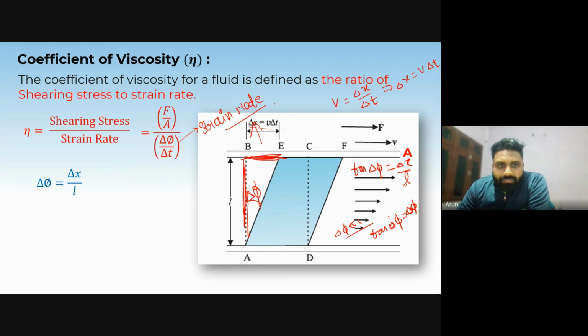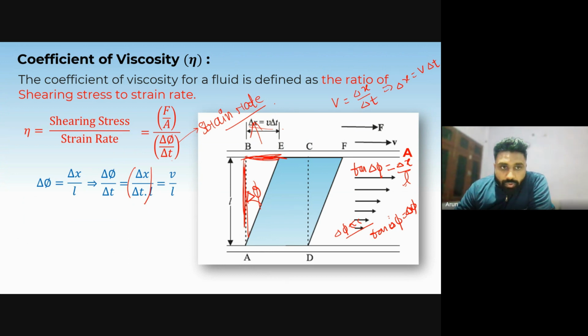So delta phi will become delta x over L. Now put the value of delta x in terms of v delta t. Delta phi by delta t is delta x by delta t into L. We have divided this expression by delta t. Now delta x by delta t is nothing but the velocity with which the liquid is moving. So v by L. So strain rate is velocity divided by length.